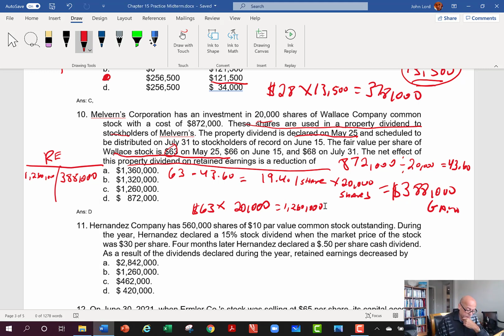Now you're just taking them out. So if you go ahead and net this one out, 1,260,000 minus 388 gives you 872. Now for this question, you could have just gone straight to 872. The original cost is net, what would come out of the retained earnings, but you'd have to realize that only works if you're going to be issuing all the shares they told you they bought as the dividend.